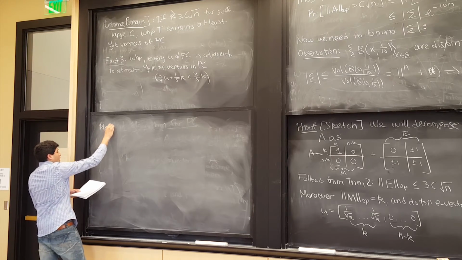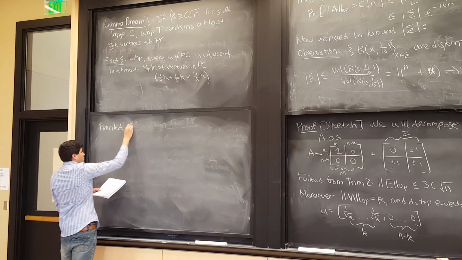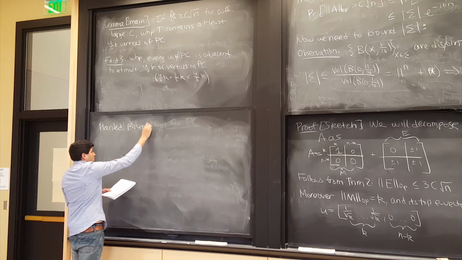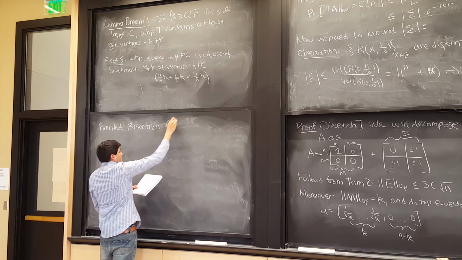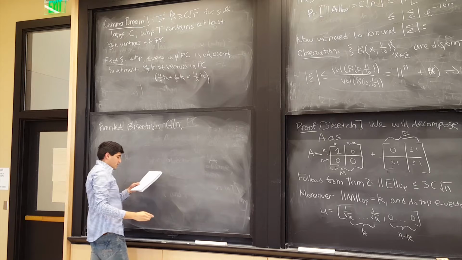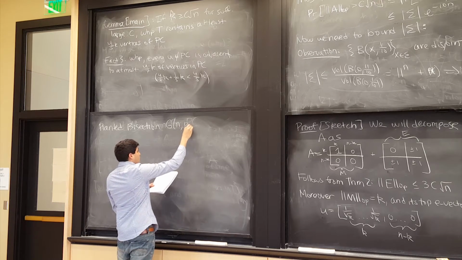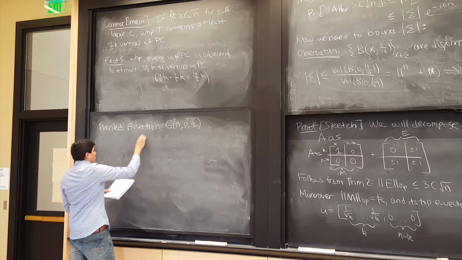So let's imagine that we instead created a random graph on n vertices which has some hidden bisection with different connection probabilities.